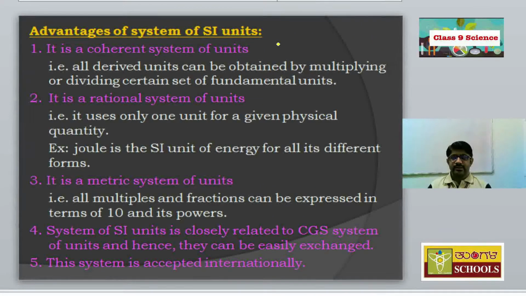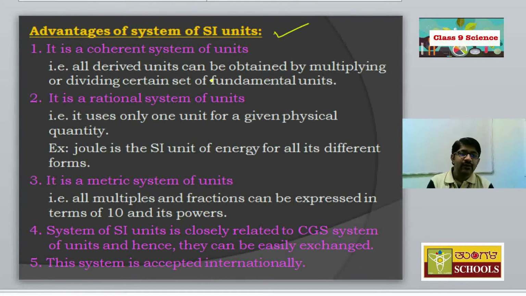Dear students, let us move to the next part, that is advantages of the system of SI units. Let us learn the advantages of the system of SI units. First one, it is a coherent system of units. Coherent system of units means what?